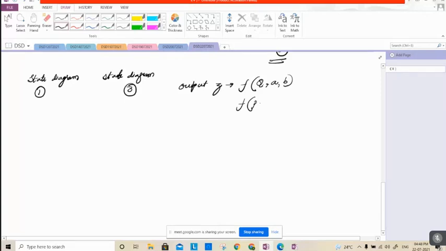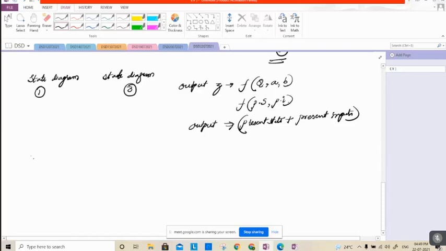So output depends upon the present state plus present inputs. It depends upon both the present state and the present inputs, right? This is what we have understood in state diagram 1 and state diagram 3.